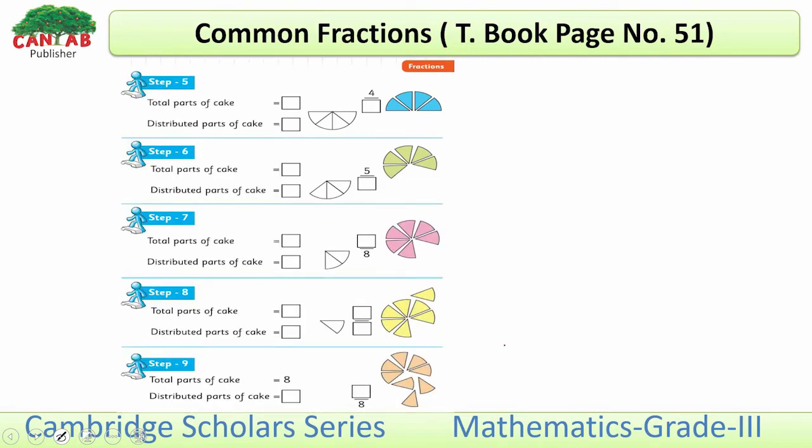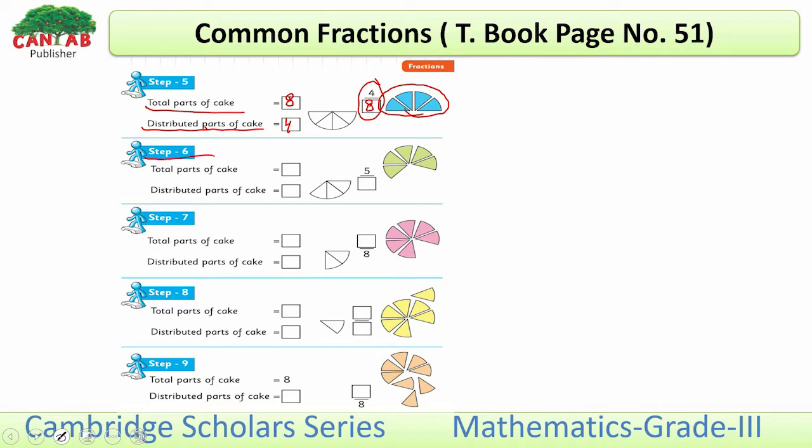In step 5, write here total parts 8. Now she served or distributed parts of cake 4. This time she served 4 parts from the 8 parts. So the fraction will be written as 4 over 8.